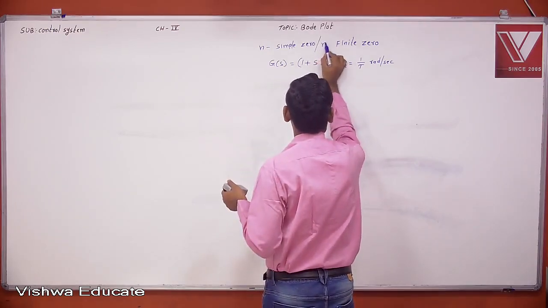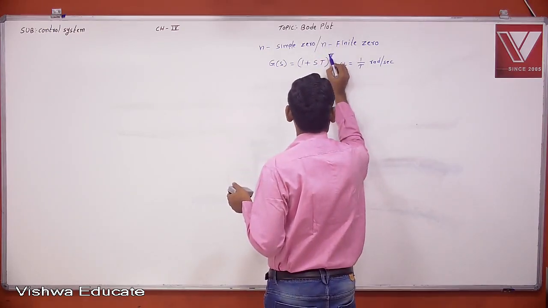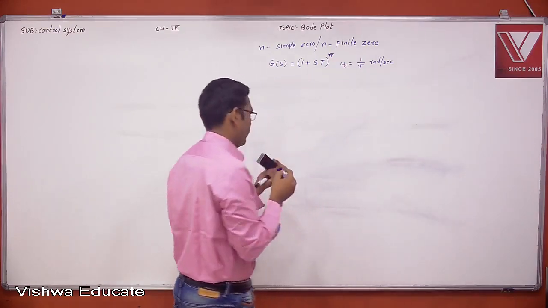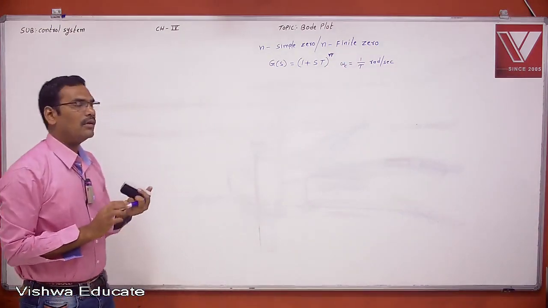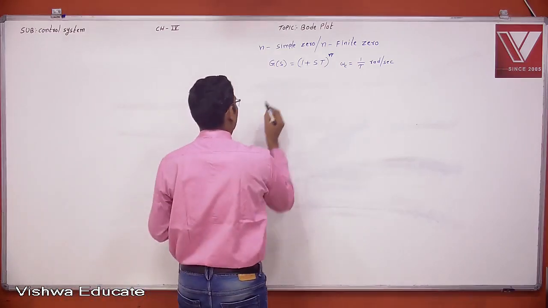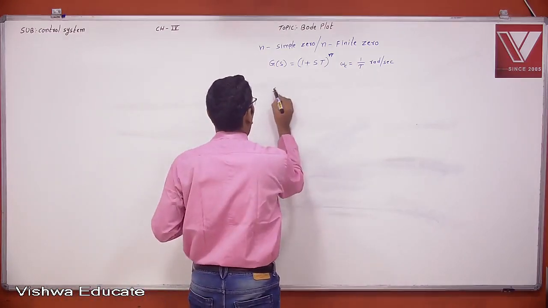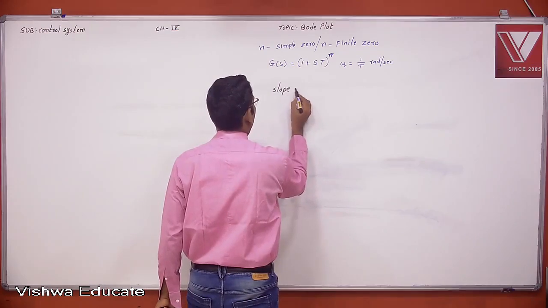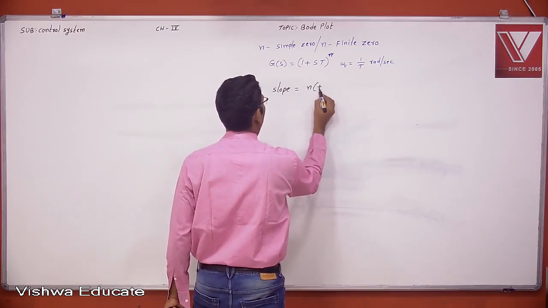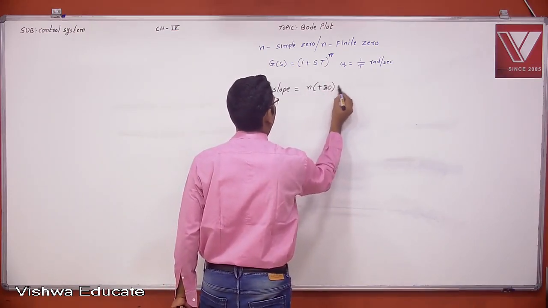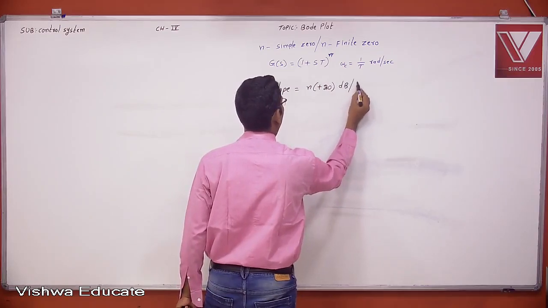If it is n simple zeros or n finite zeros, what is the slope? The slope is n into plus 20 dB per decade.